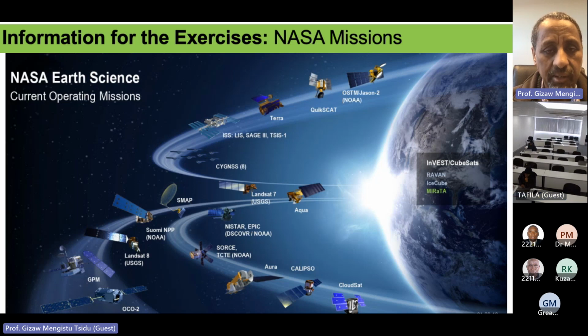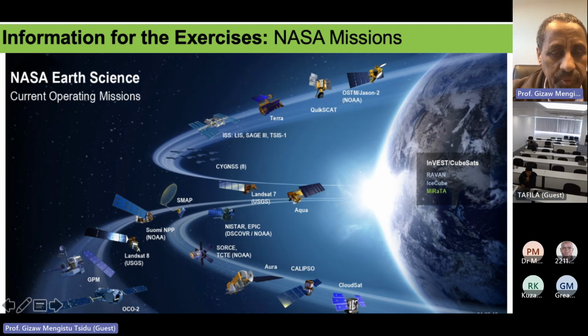In the past, only satellite missions from the USA were in the public domain, but nowadays the Europeans have also shifted and they have made accessible all the satellite information.